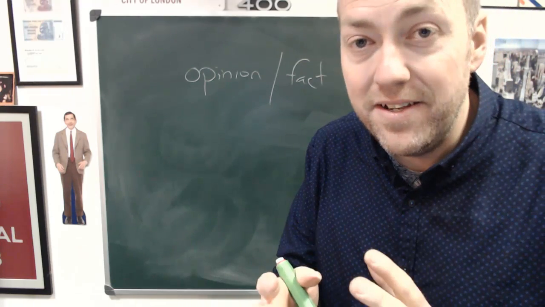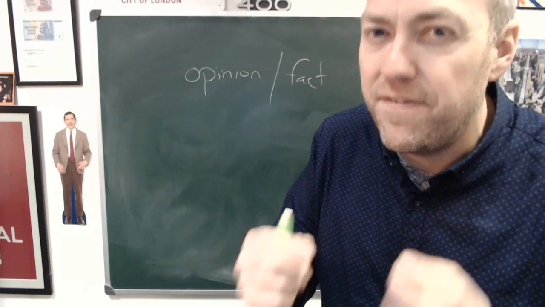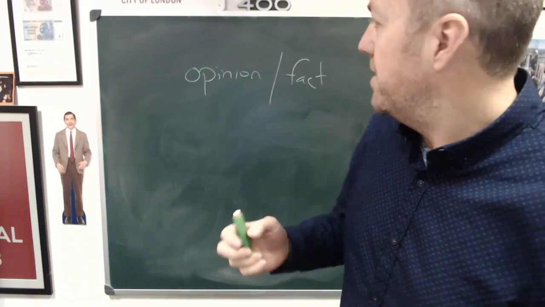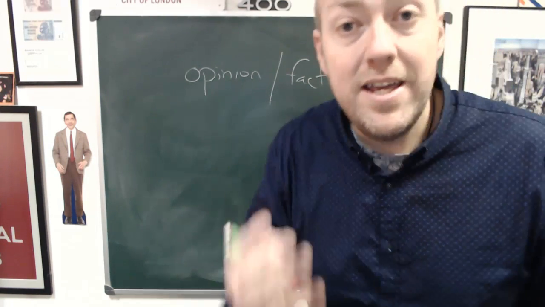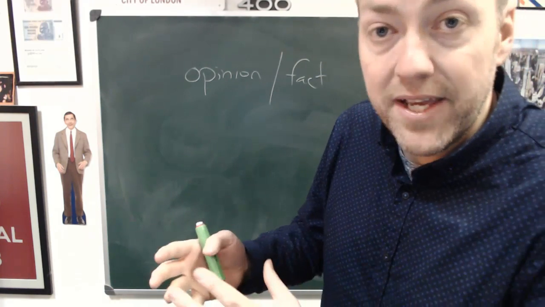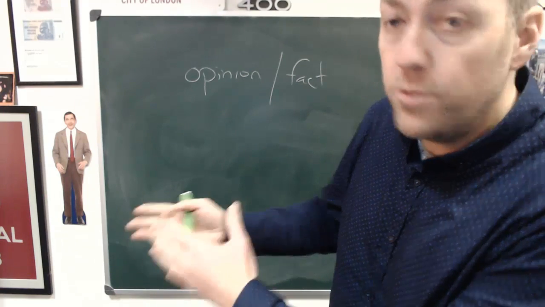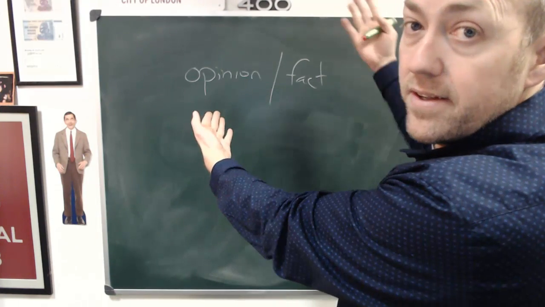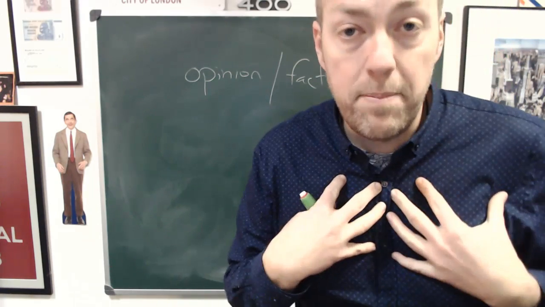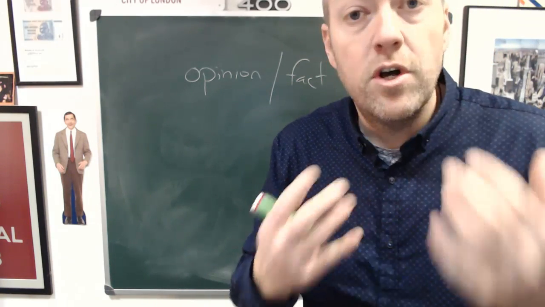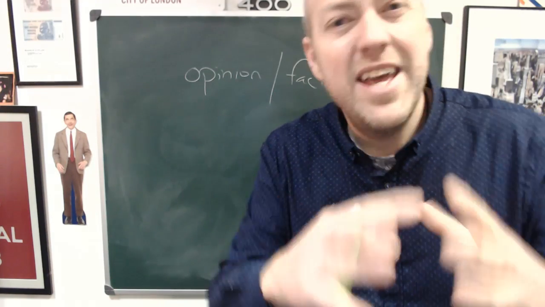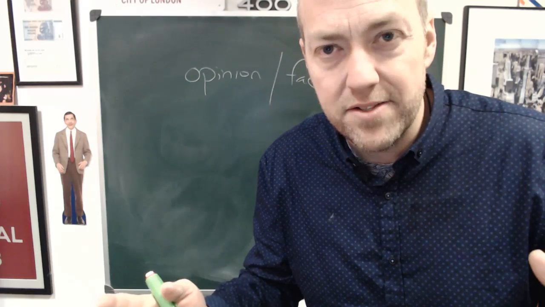Now, opinions, you could also say evaluations, but this is a more complicated word. Your opinion, so if you think something is beautiful, and you know that something is also Spanish, you say a beautiful Spanish car, because beautiful is your opinion, okay? And also big is your evaluation of the object.